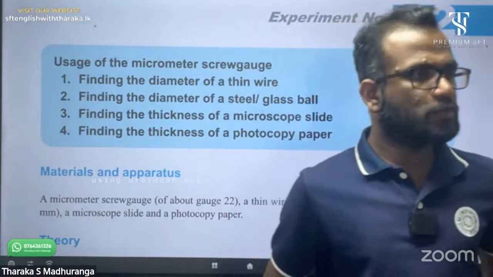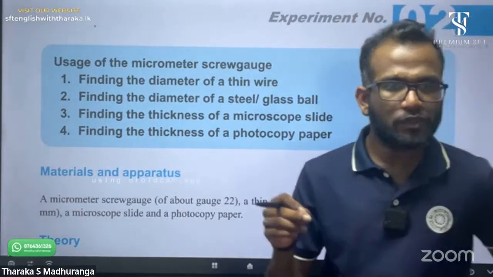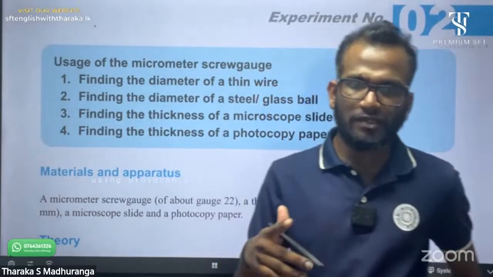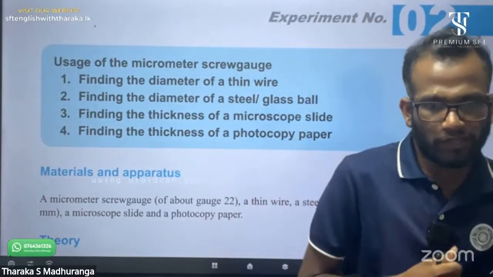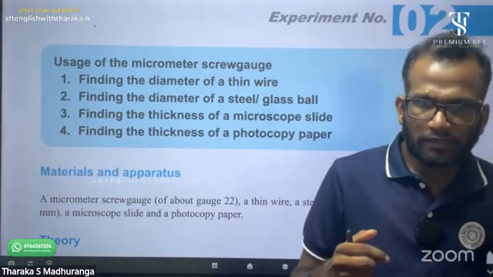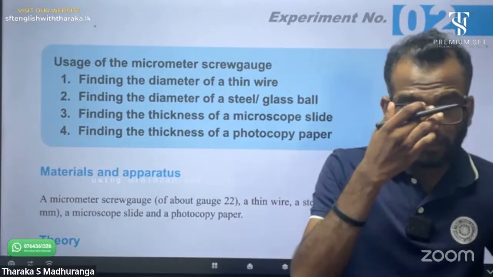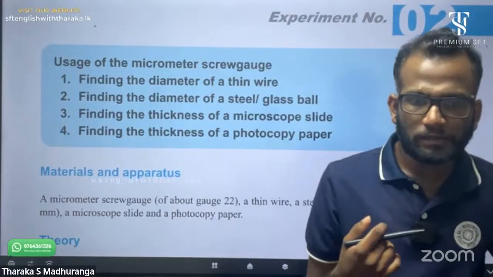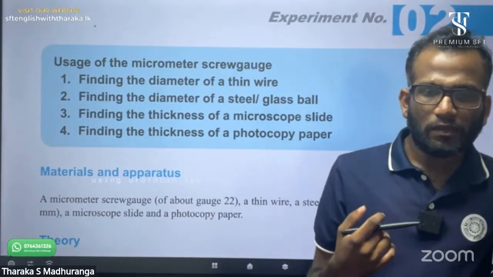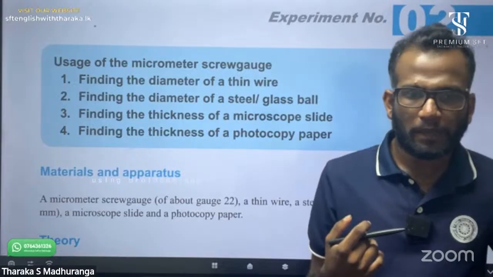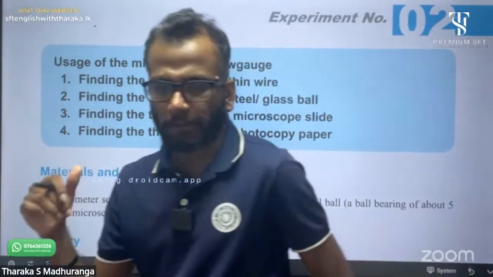I hope to complete one practical within 20 minutes. That's our target. If not, we can't complete all the practicals today. Now 20 minutes are done and the first practical is done. Do you have any doubt? It is a very simple practical, right?